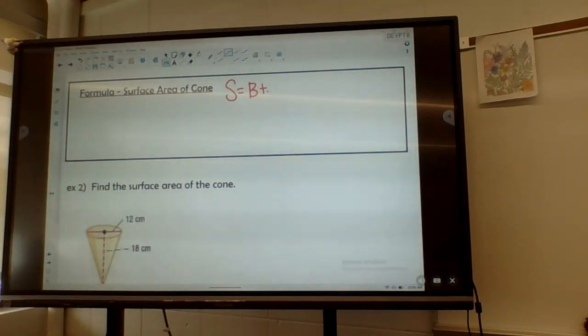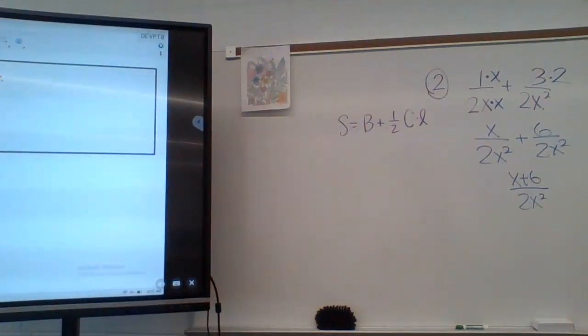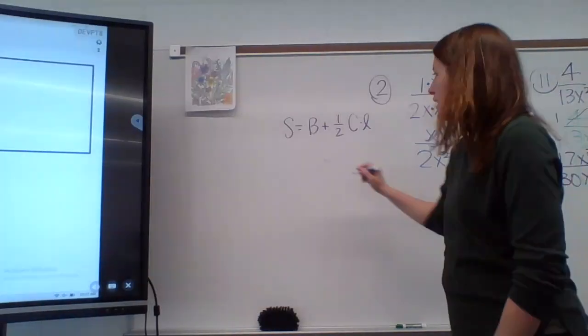Let me just explain that real quick. So if we use the surface area of the pyramid to help us for our surface area of our cone, we should do base plus 1/2 the perimeter, which would be the circumference, times the L. But don't do this, because I'm going to show you the shortcut here.